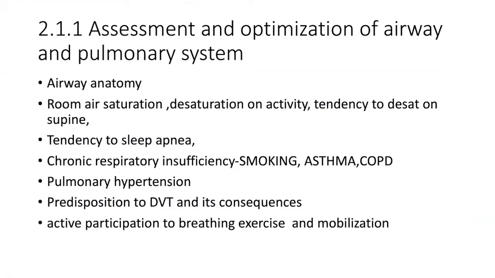So airway is the most important thing to deal with in an obese patient. We have to thoroughly assess airway anatomy. And the next basic thing we would like to do is the room air saturation and desaturation on activity.